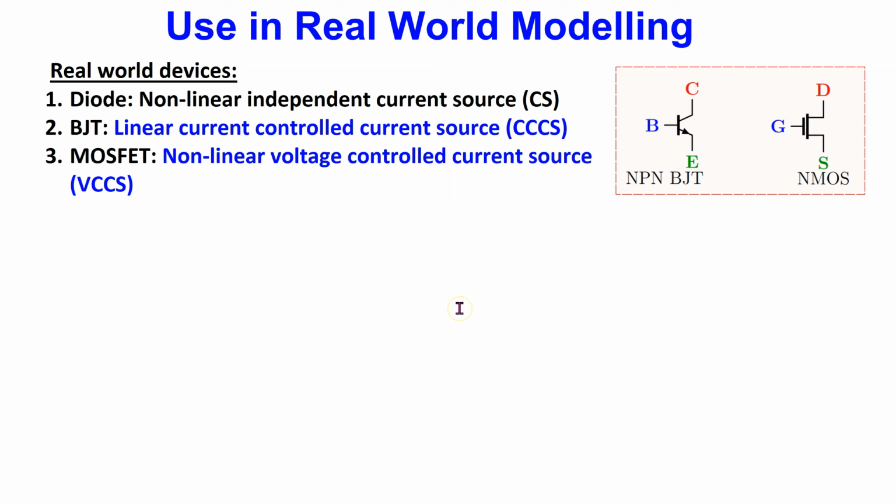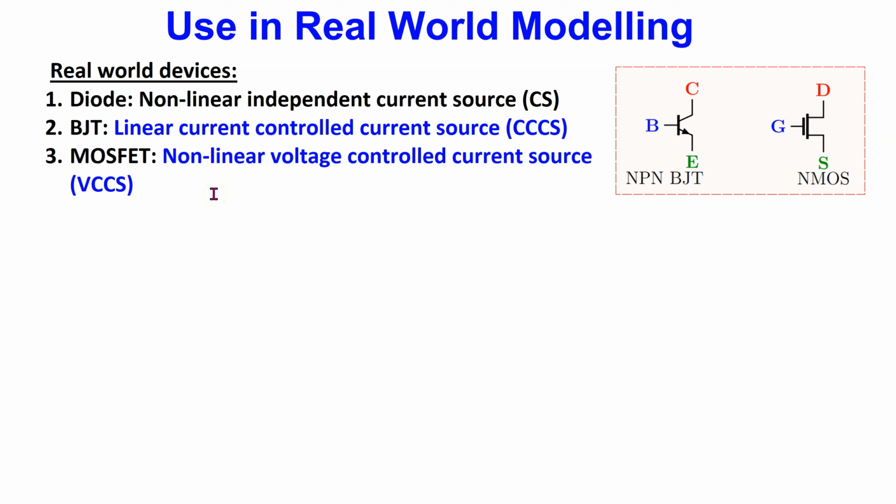Here are some examples of how dependent sources are used to model real-world devices. A bipolar junction transistor, or BJT, is modeled using a linear current-controlled current source, where the multiplying factor beta is a constant determined by the device construction and is provided in the device datasheet.